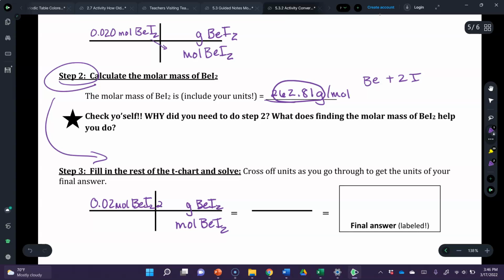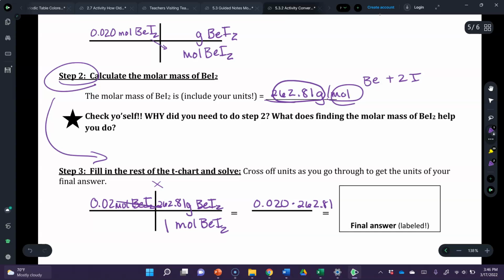Grams, so 262.81 grams of beryllium iodide per 1 mole. So notice that the number for grams always goes next to grams, and it's always per 1 mole because that is the mass of 1 mole of that substance. So now multiplying across, you end up with 0.02, and I'm going to put that 0 back in, times 262.81.